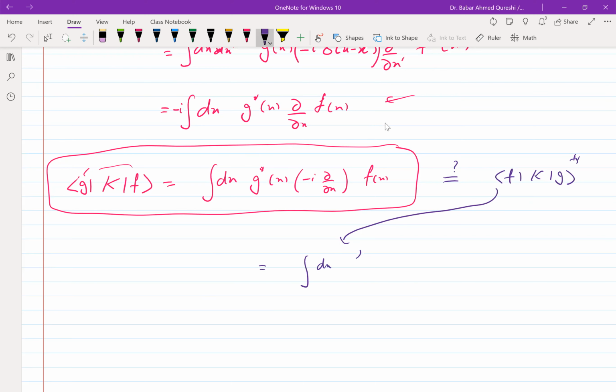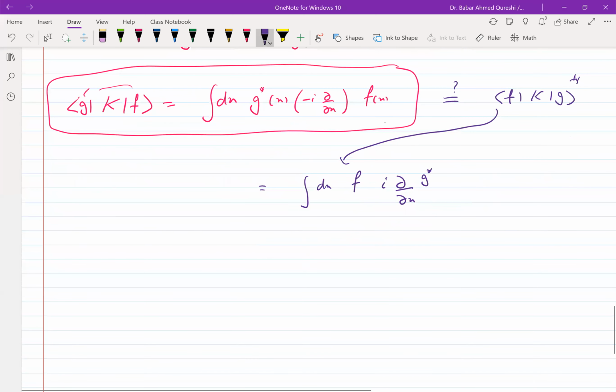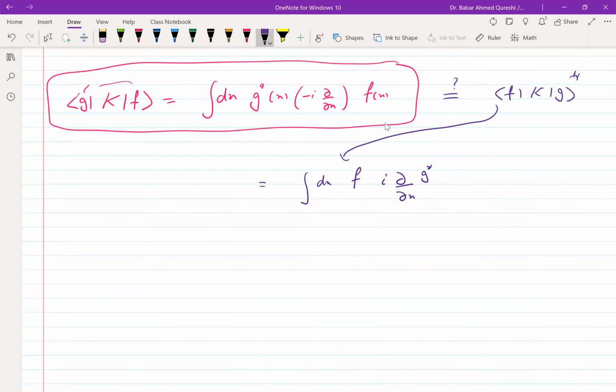And K is minus iota, but there's a star above it, so it's iota d by dx. And g is g, but there's a star, so g star. There's the expression. And I want to make it look like this guy. So over here, the derivative is acting on g star. I want to bring it to the f.